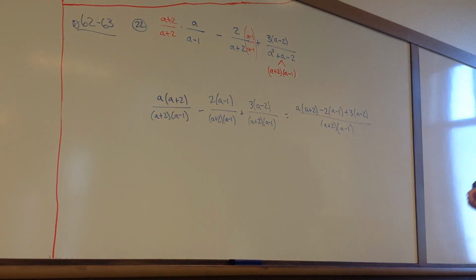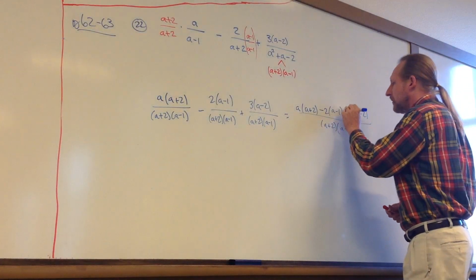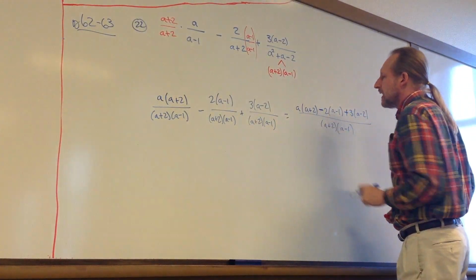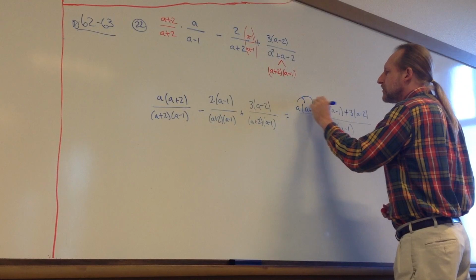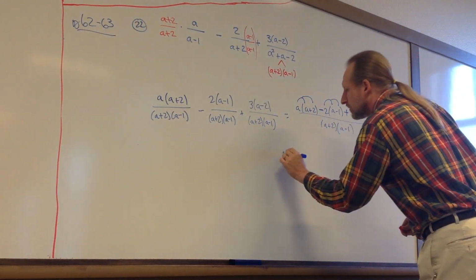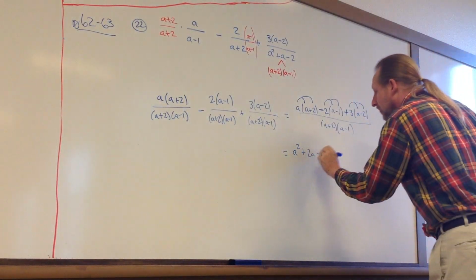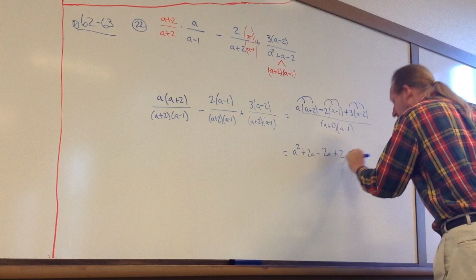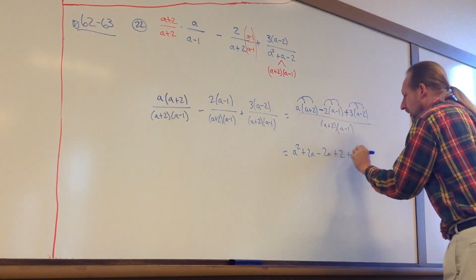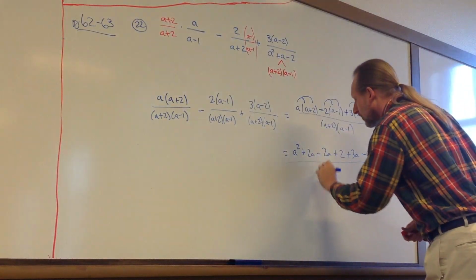Okay, so what we need to do now, and again, remember, none of this is going to cancel right now because you've got all this adding and subtracting going on in your numerator. What we need to do up here is distribute and combine like terms. So, a squared plus 2a minus 2a plus 2, and then plus 3a minus 6.